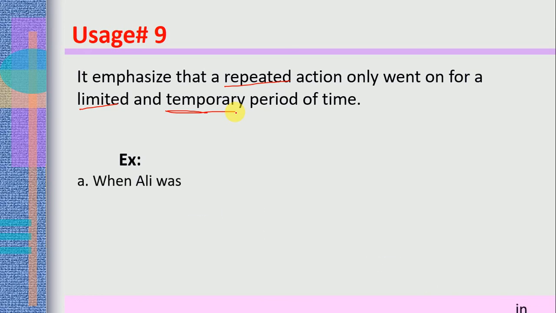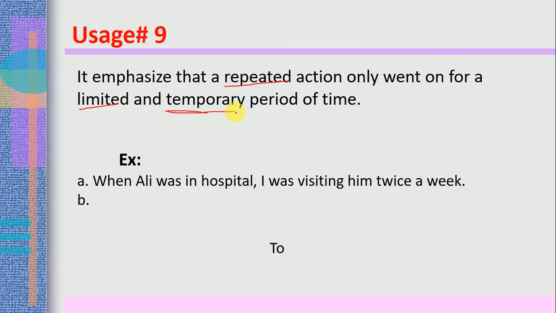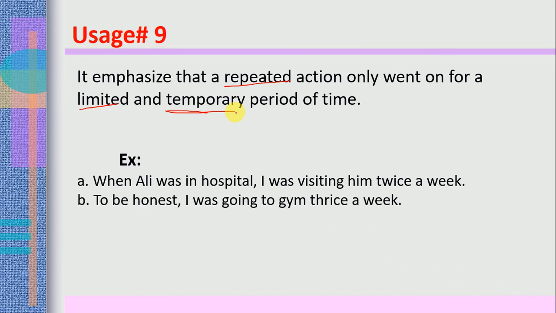Example: when Ali was in hospital, I was visiting him twice a week. This was a limited, temporary, repeated action.